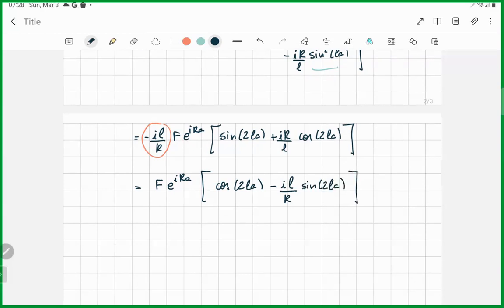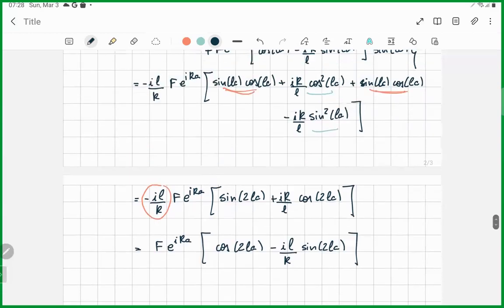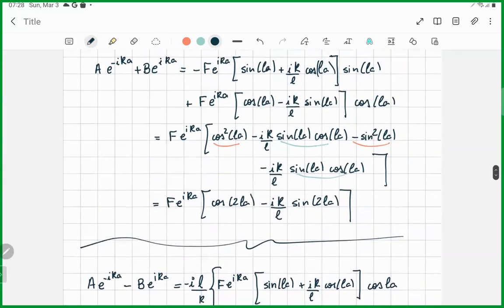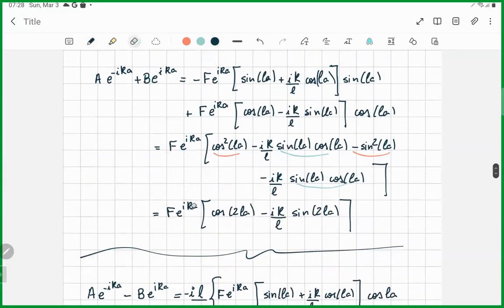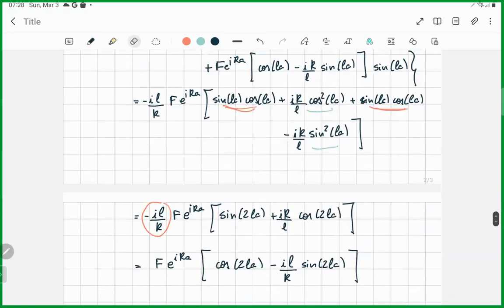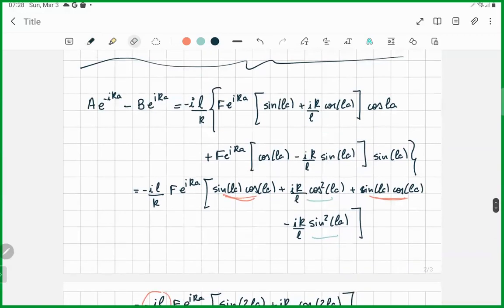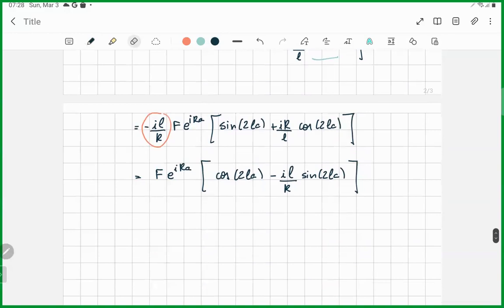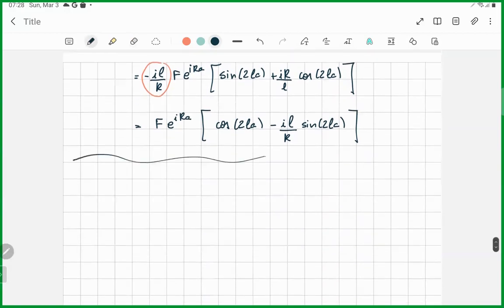So we now have two equations, and in our equation there are only A, B, and F.